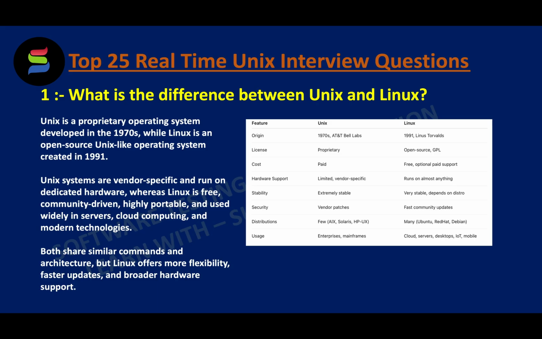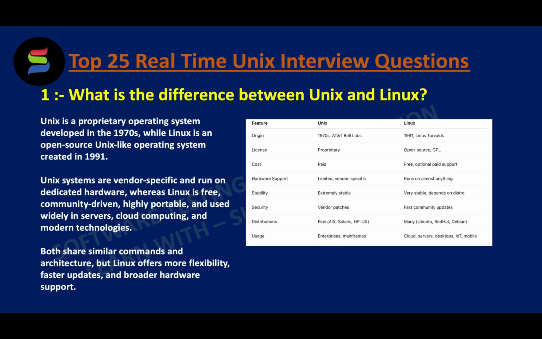It's one of the oldest operating systems and formed the foundation for many modern systems. Linux came much later in 1991 when Linus Torvalds created it as a free open source alternative to Unix. So Unix is the original system while Linux is a modern open source Unix like system.